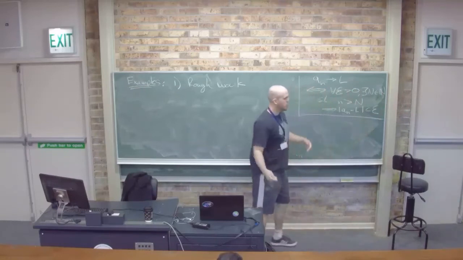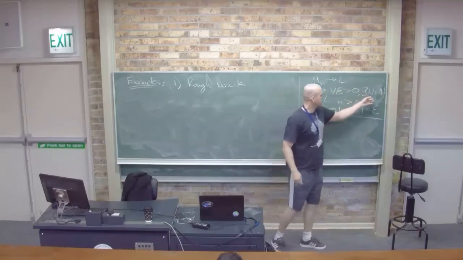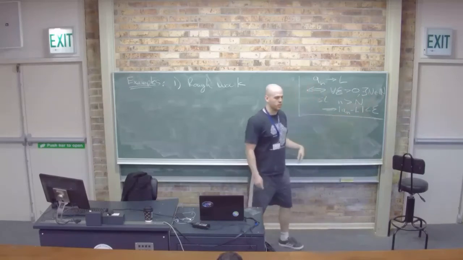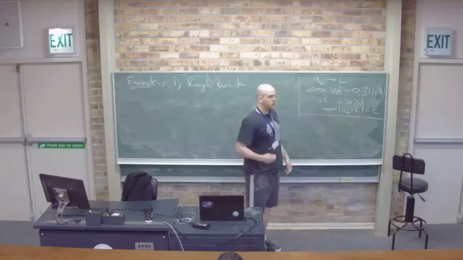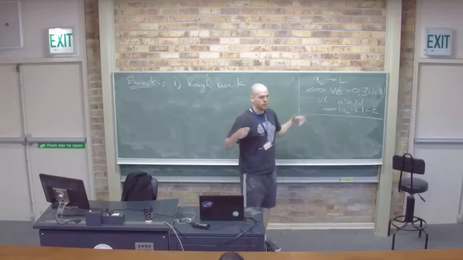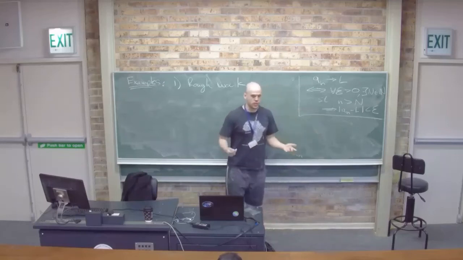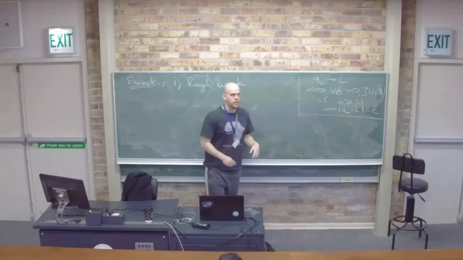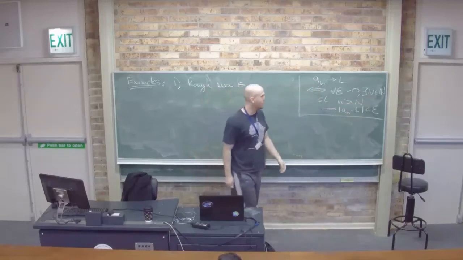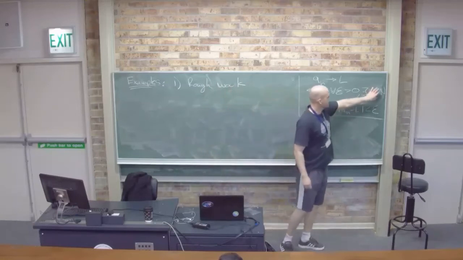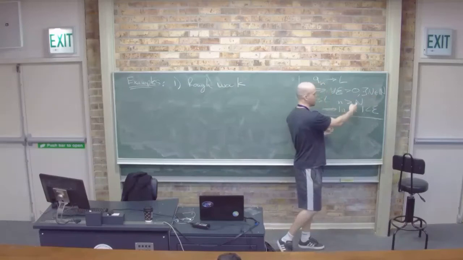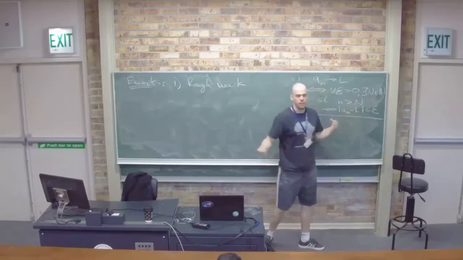You give me any epsilon, I need to find this n such that a certain inequality is true. So the hard part, the constructive step, the thing you need to achieve, is to find that n. Always the goal is to find that n. So we need to figure out what that n is so that I can say that for all the little n's bigger than that n, some inequality is true.